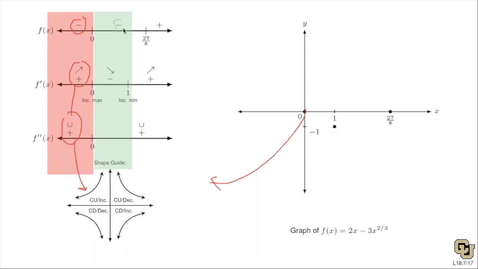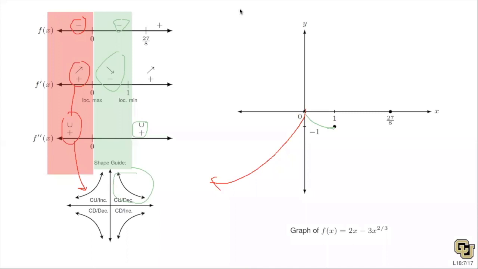It's still negative from 0 to -1. It's decreasing. That makes sense. It's decreasing. And it's concave up. So decreasing, concave up. So here it goes like this. That's that decreasing concave up.